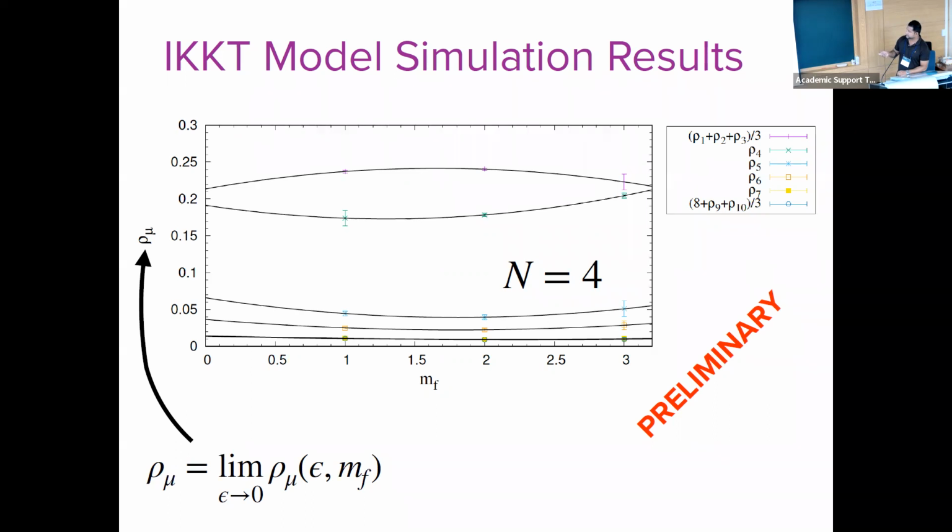From the structure of our mass terms, we can take the average of the first three, because they fluctuate around the same value. Then we have rho 4, 5, 6, 7, then 8, 9, 10. Again, there's a symmetry we can average. What we see is that certain directions are expanding and certain directions are shrinking. So something is happening.